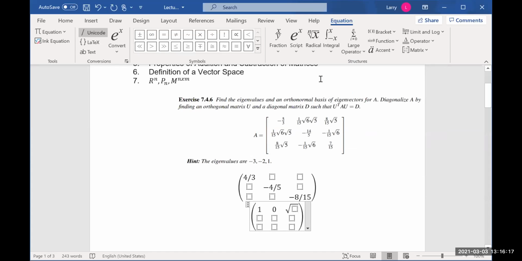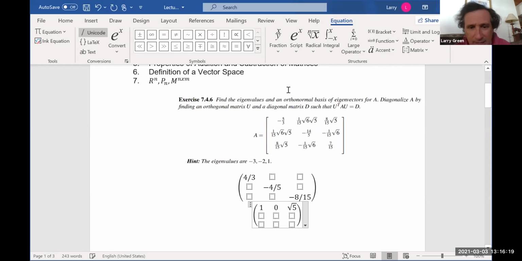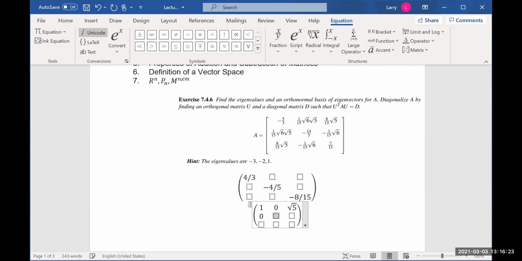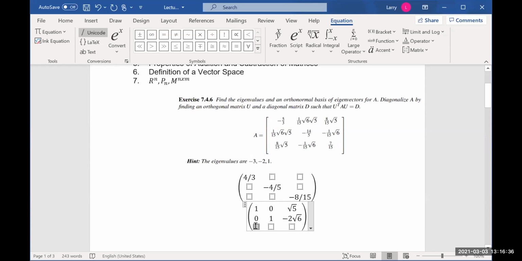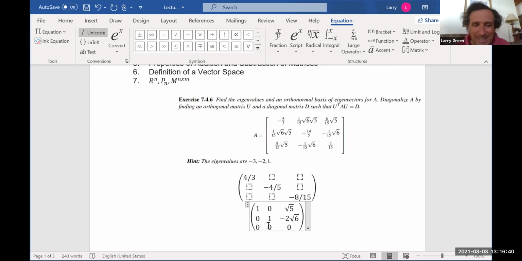Okay, next row, 0, 1, -2 square root 6. And then my guess is you got 0, 0, 0 for the next row. Am I right? Yes. You better have. Otherwise, it's not an eigenvalue.